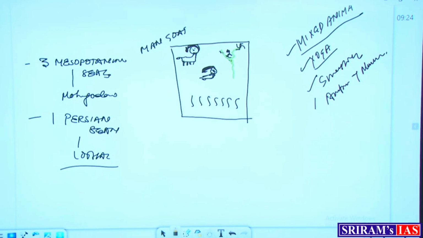We have found the 3 Mesopotamian seals from Mohenjo-daro, a city, and one Persian seal from Lothal. So they used to exchange the seals.